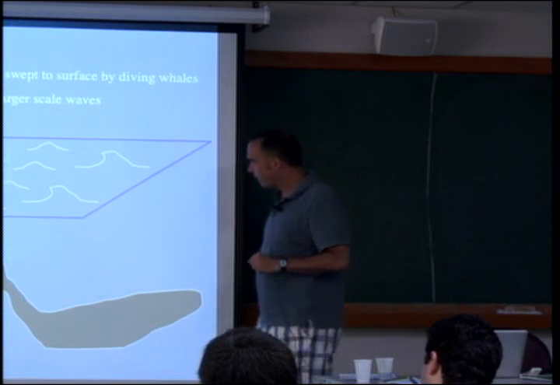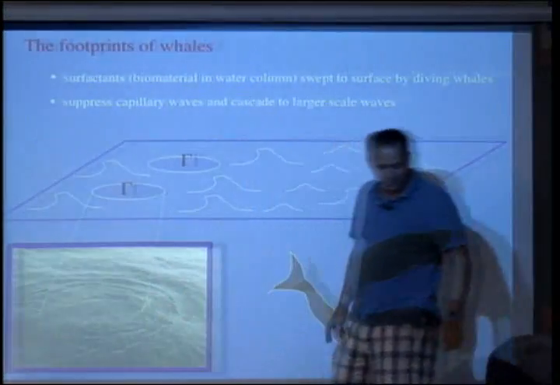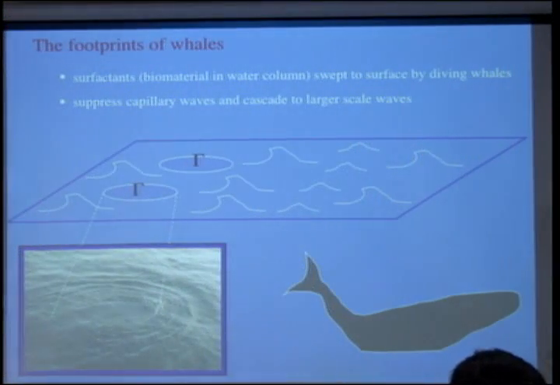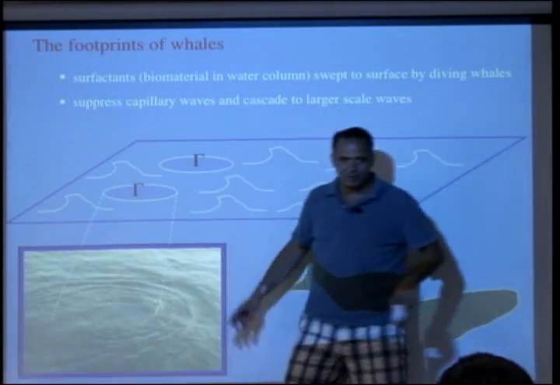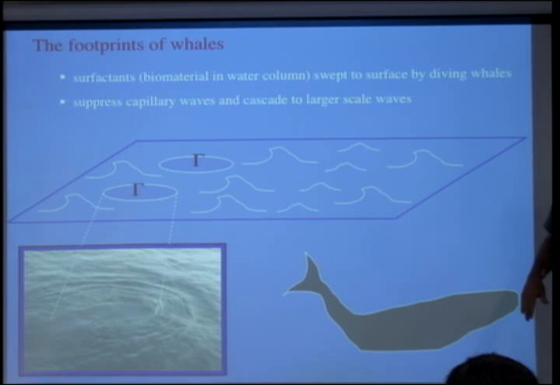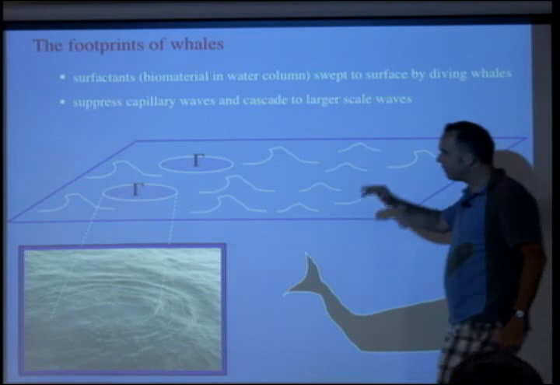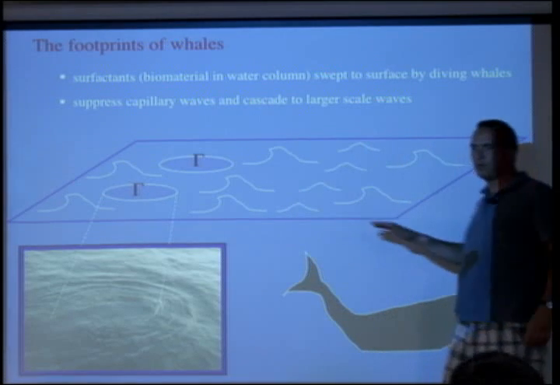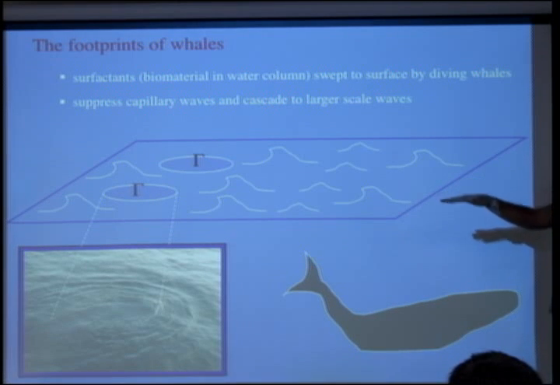This is also apparent in a picture which I took off the back of a whale watching boat in Boston. I like this picture because it looks like a footprint, but it's several meters long. As the whale dives, it generates a pair of vortices, and the whalers would use this. They call these the footprints of whales, so they'd look for flat spots on the surface of the ocean.